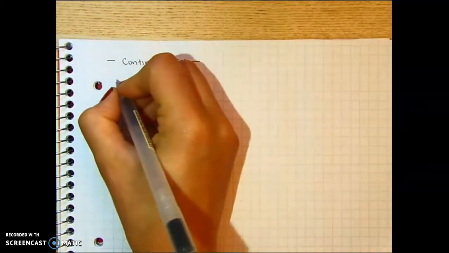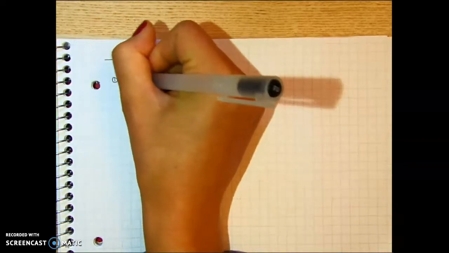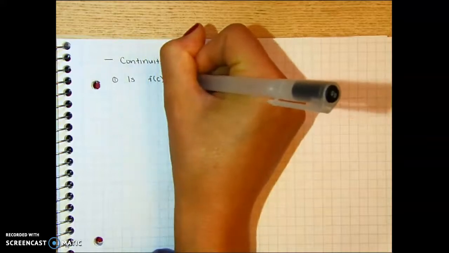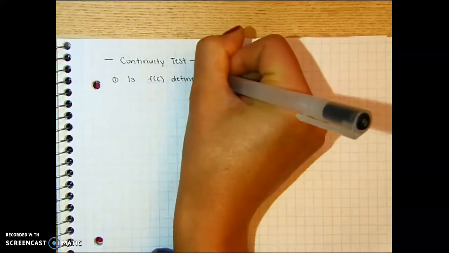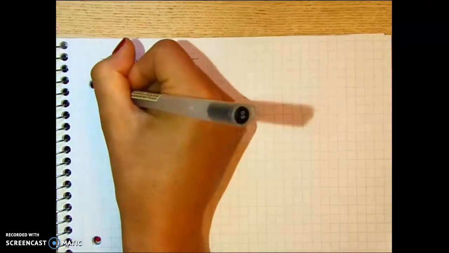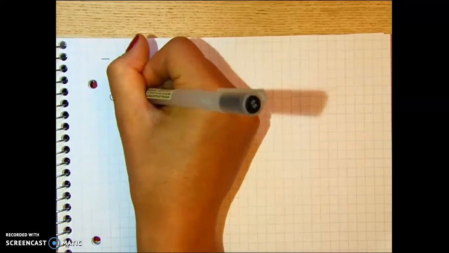So the first thing you are required to do is figure out, is f of c defined? Okay, this may not make sense yet because we haven't done an example, but it will. So then the second thing you have to do is make a table.